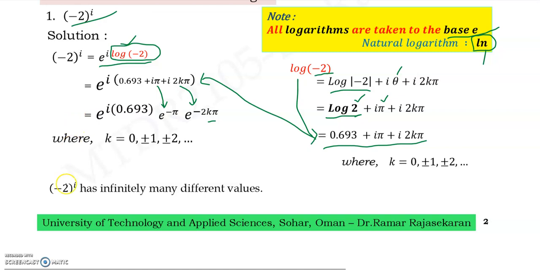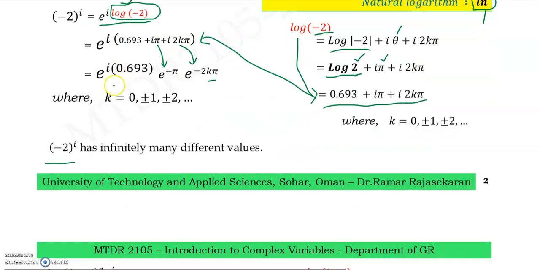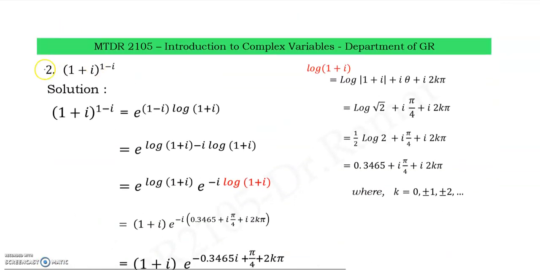That's why here we conclude that minus 2 to the power i has infinitely many different values.